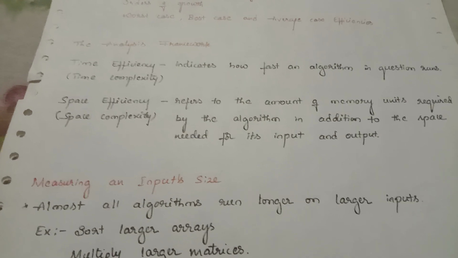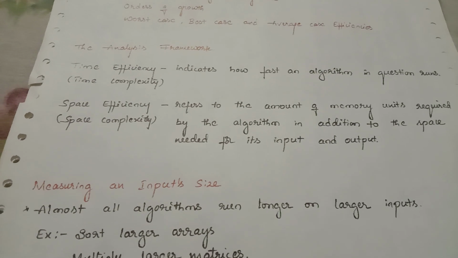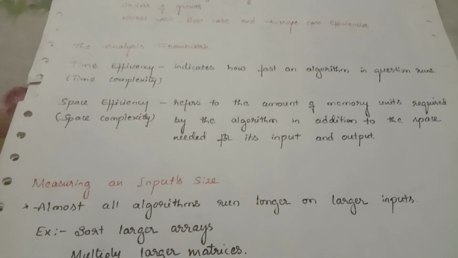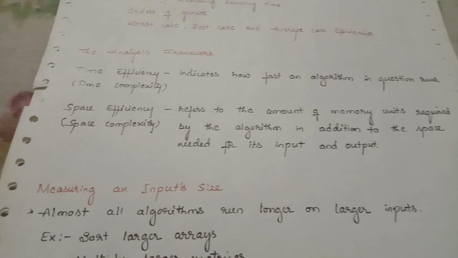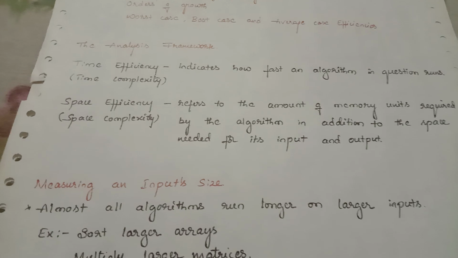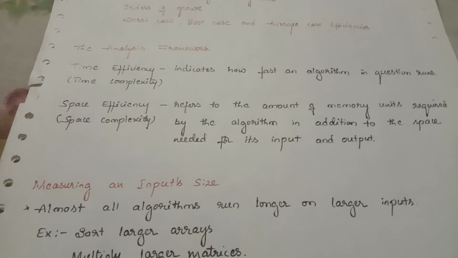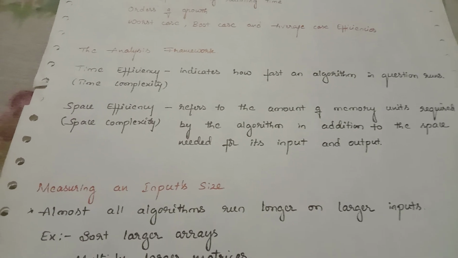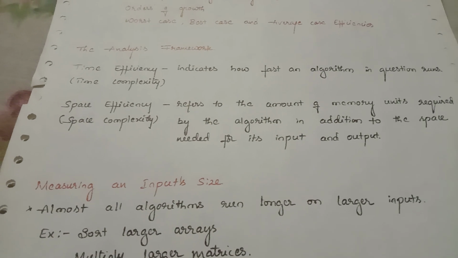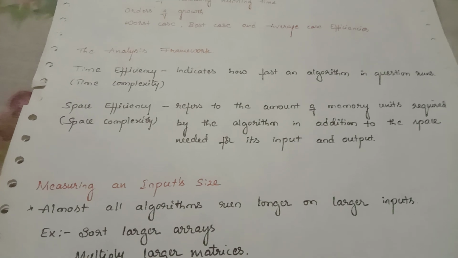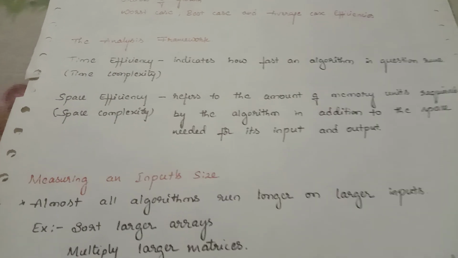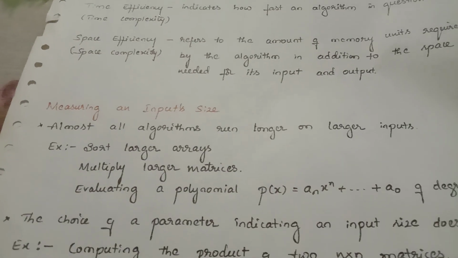That is why, with this analysis attached to an algorithm, we can get to know whether an algorithm is running fast or not. With the help of this, we can choose an algorithm in a better way. Usually, instead of space efficiency, we always measure time efficiency. Time efficiency is the most important thing here.